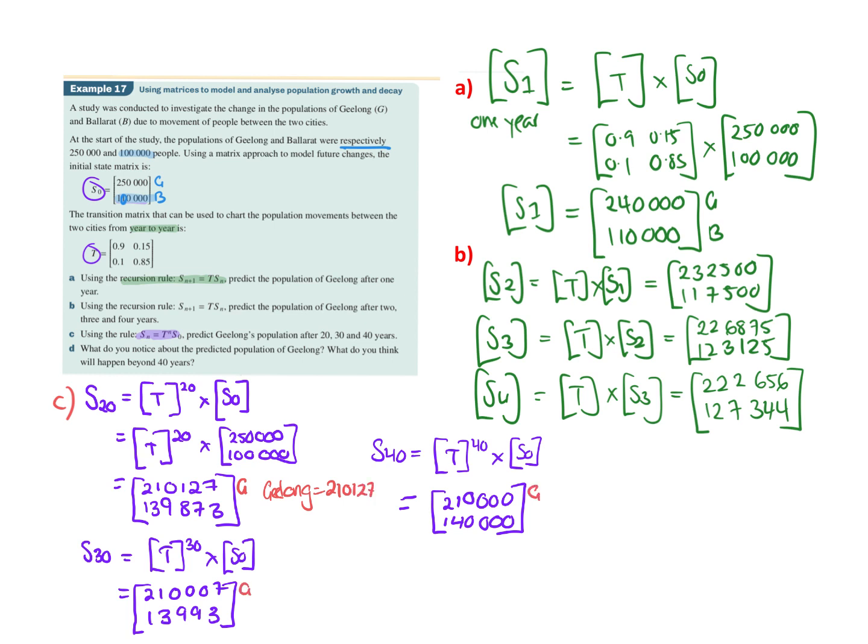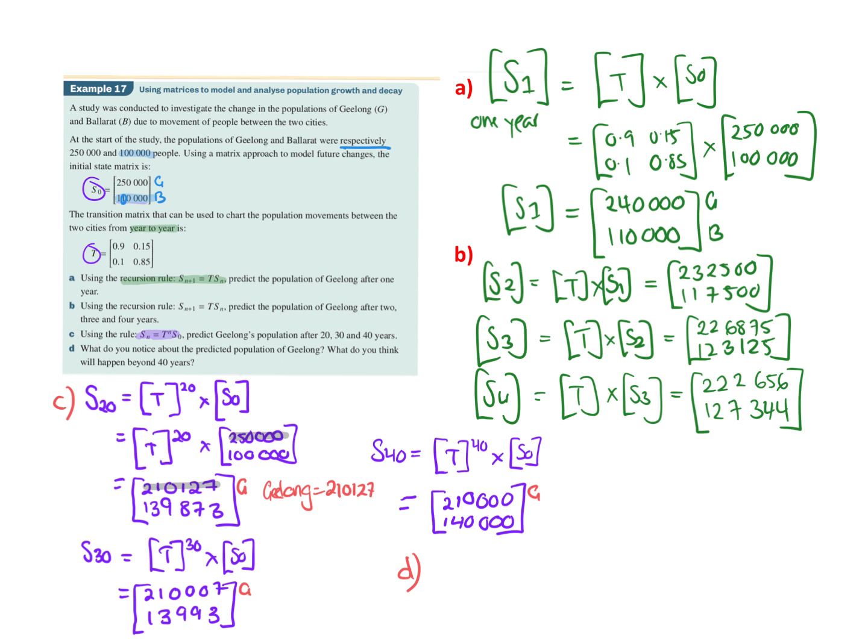So the last one. On question D, when it says, what do you notice about the predicted population? So we can see after the first 20 years, we had a big jump. What I'm saying is, if you look here, we started with 250,000 in the beginning. After 20 years, we're down to 210,000.